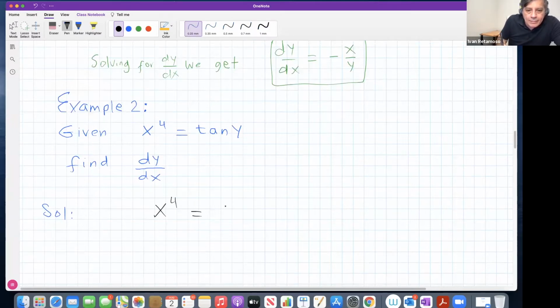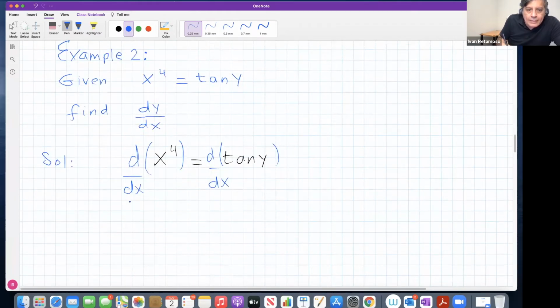This is my function. Step 1 says take derivatives in both sides with respect to x.